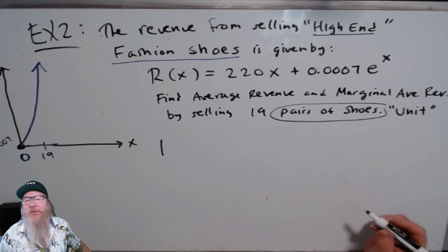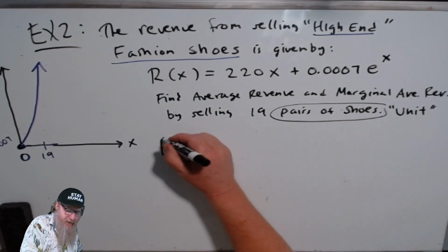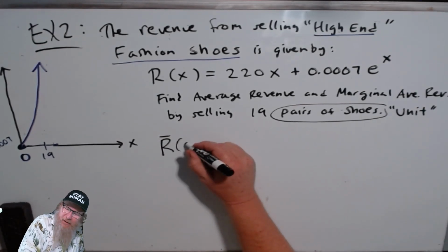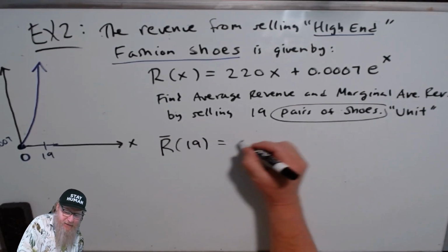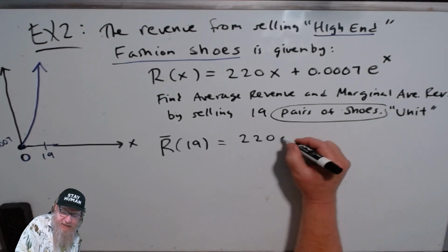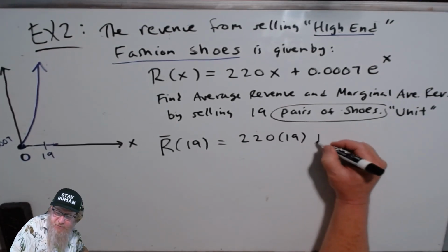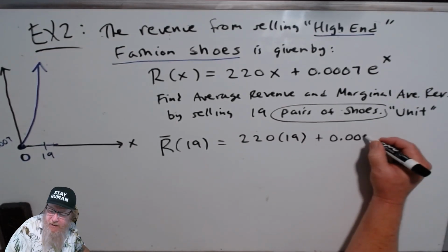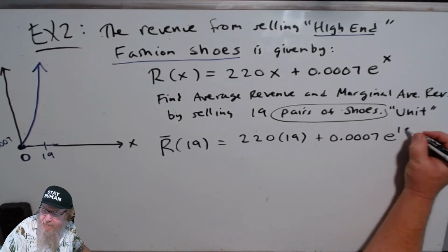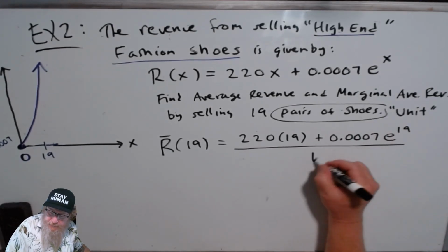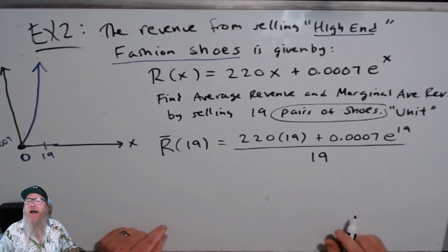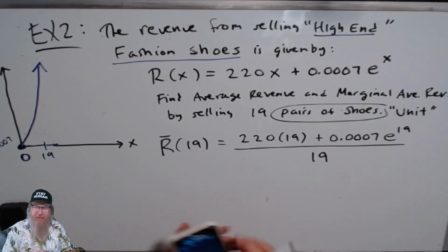I don't have to tell you that. You already knew that. So R hat of 19. How much money are we going to make selling 19 pairs of shoes? On average. So there's your average revenue from 19 pairs of shoes.